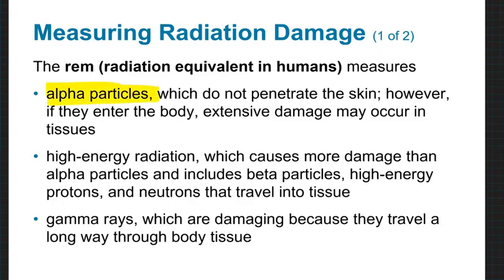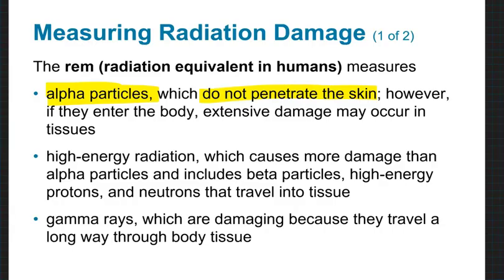So, alpha particles do not penetrate the skin. However, if the alpha source gets absorbed in the body, am I making sense right now? It will create absolute havoc. It is inside the body.